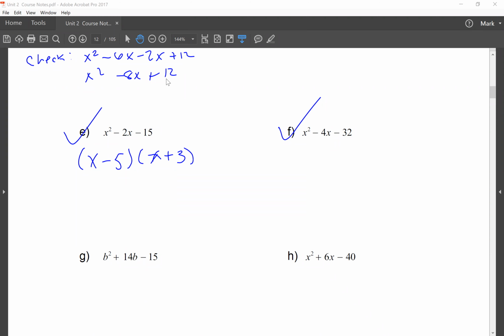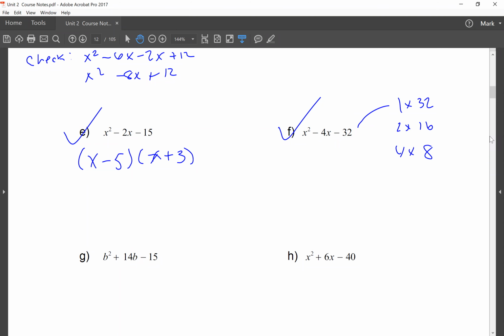Again, what I'm doing, guys, is thinking of multiples of 32. So 1 times 32, 2 times 16, 4 times 8. I know 4 and 8 will somehow be my answer. What I need to do now is think about which will be positive and which will be negative, because if you add 4 and 8, you get 12, which is obviously not the answer.